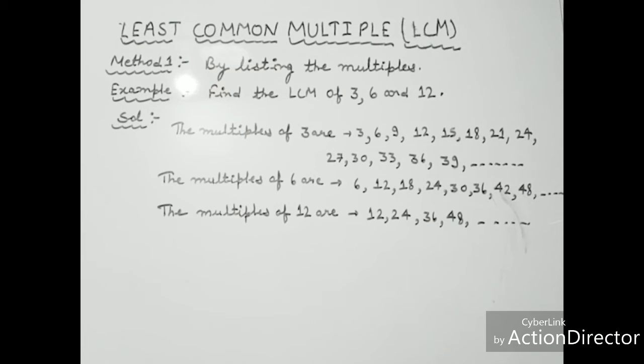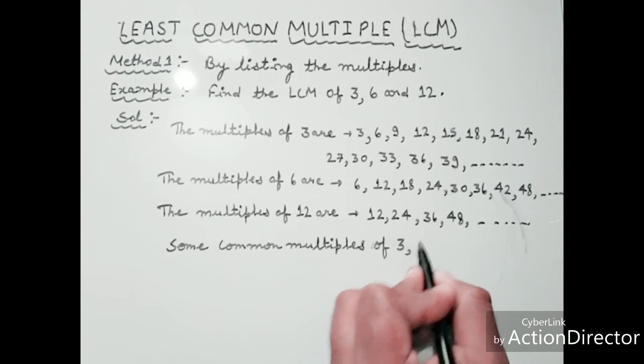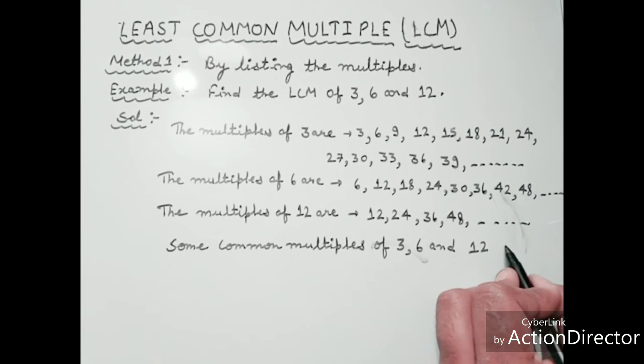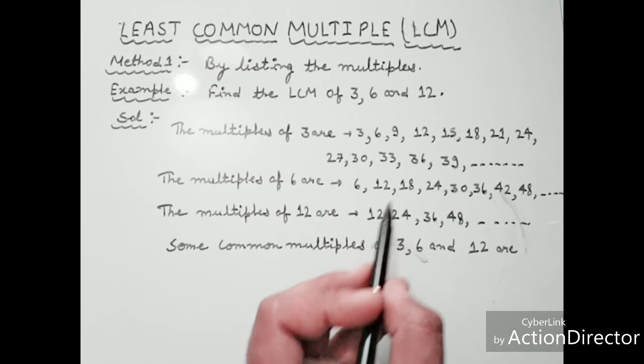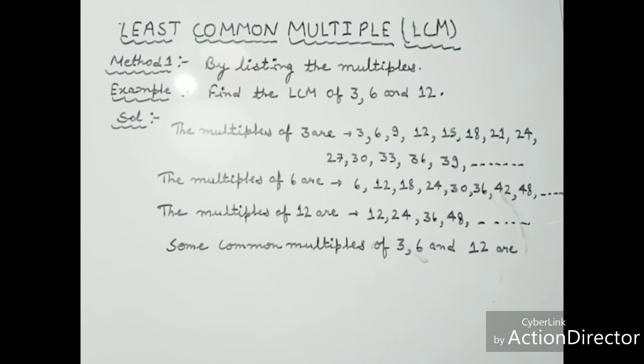Now first we identify the common multiples. Some common multiples of 3, 6 and 12 are found by checking which are common in these three numbers.